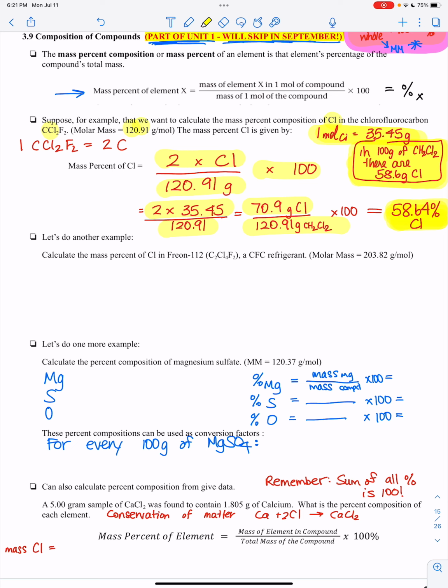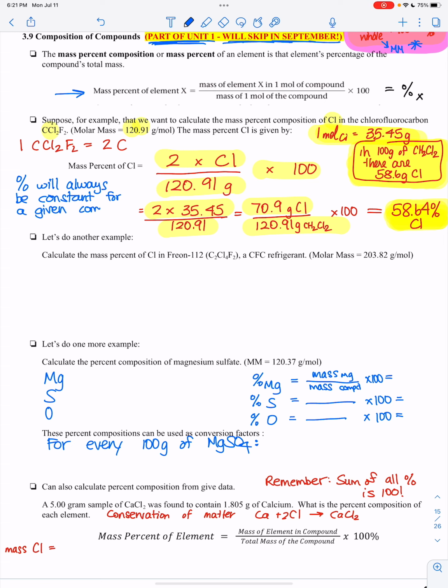So keep in mind that we could use percentages as conversion factors later. If I know my percent of each element, that percentage will always be constant for a given compound.